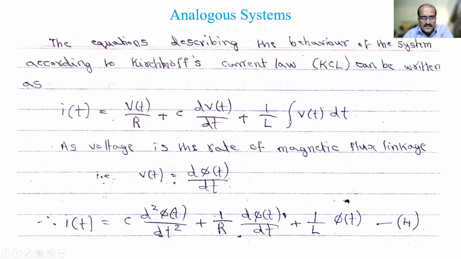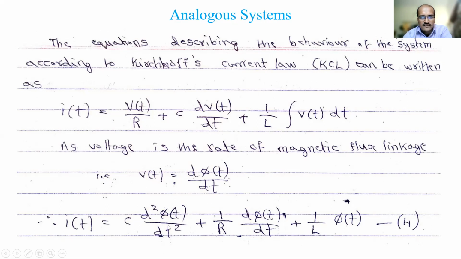Now what I'm going to do to extend this is substitute voltage as the rate of magnetic flux linkage, nothing but d phi of t by dt. I will substitute this wherever V of t is there. Where dV of t by dt is there, if I substitute, it will become d square phi of t by dt square.